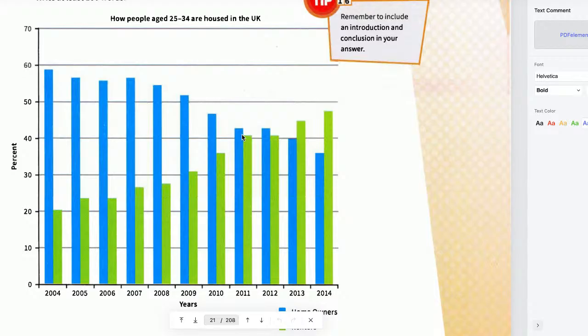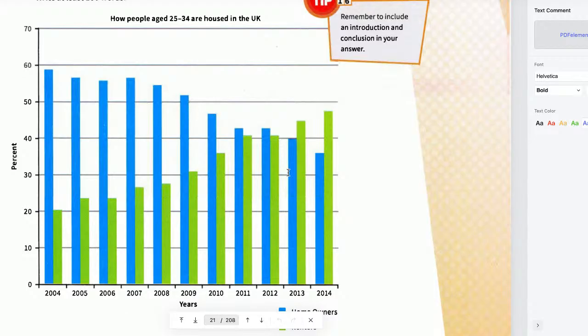Yeah, but 2007 just goes up a little, right? So let's try with 2009, because from 2009 to 2010, you see there's a big drop. If you compare 2008 with 2009, yes, there's a drop, but it's not as big as between 2009 and 2010, right? So we can mention something there.